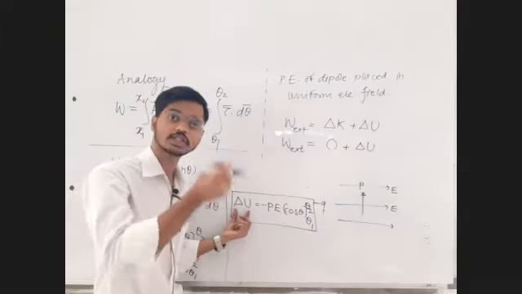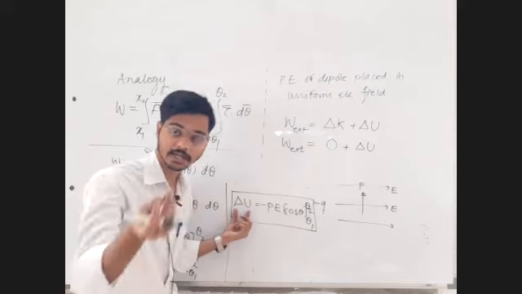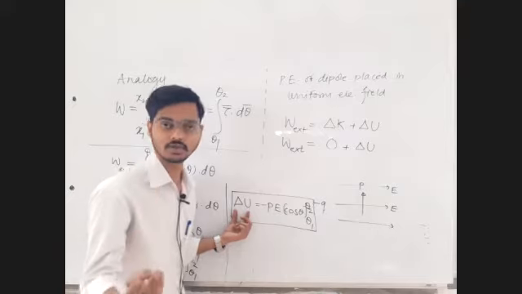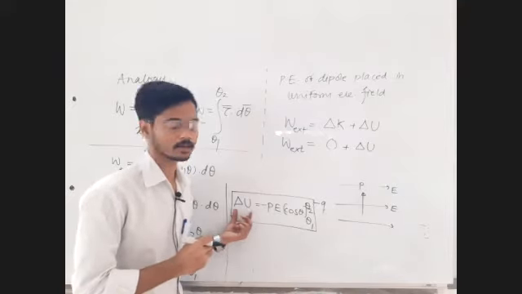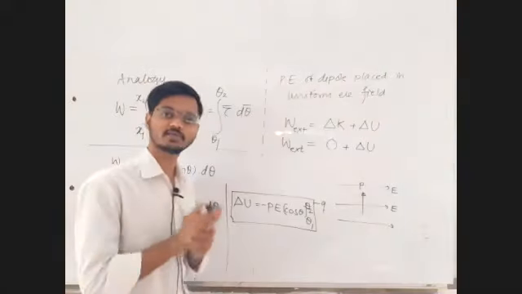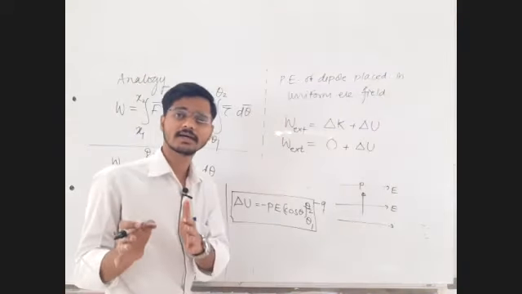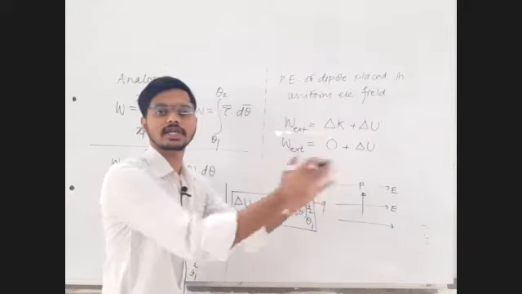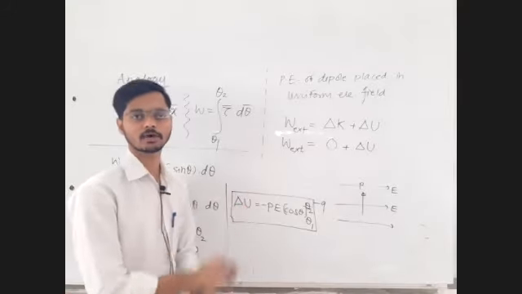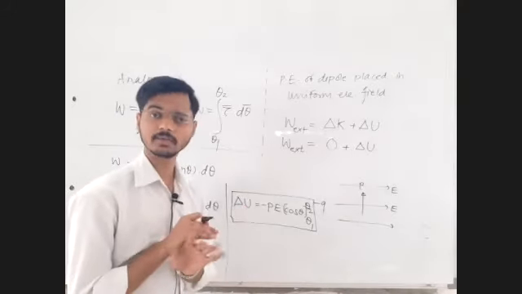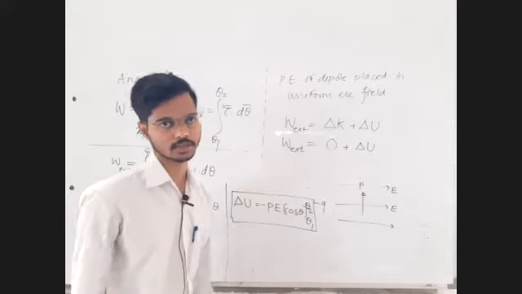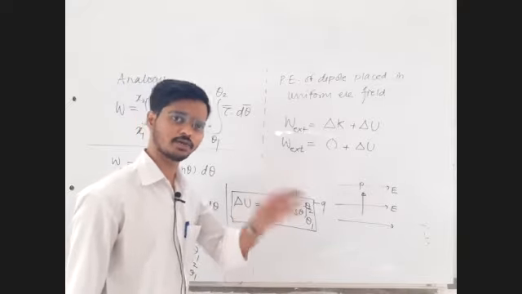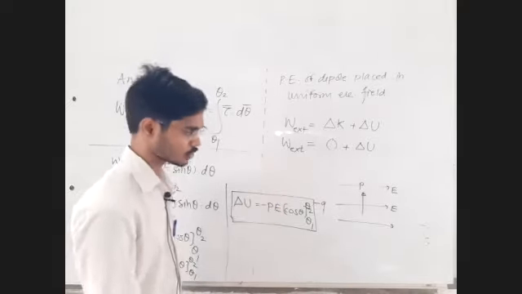To get potential energy at a given position, you must have another position which is already defined as a reference position, and for that reference position take potential energy 0. According to that, other potential energies can be found out, because the mathematical formula that we can derive is only for change in potential energy. We cannot derive the formula for absolute potential energy, so some reference has to be defined. Reply in the chat box, yes, no.